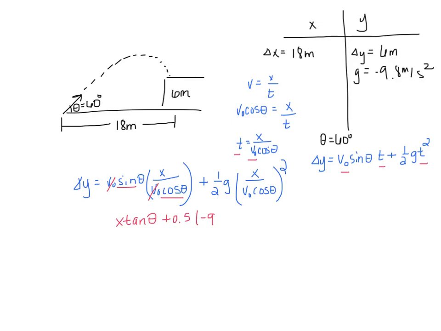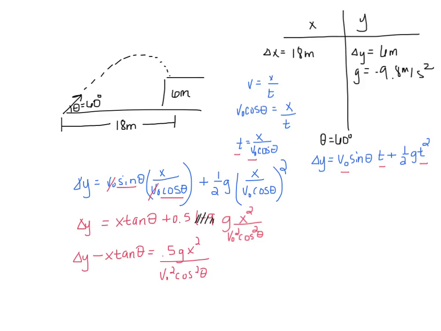So again, the goal is to get v naught by itself. So with some algebra, you're going to get delta y minus x tangent theta is equal to 0.5 g x squared over v naught squared cosine squared theta.